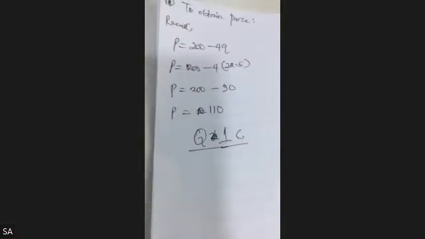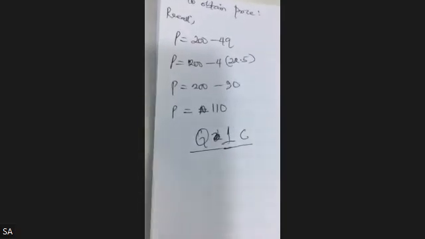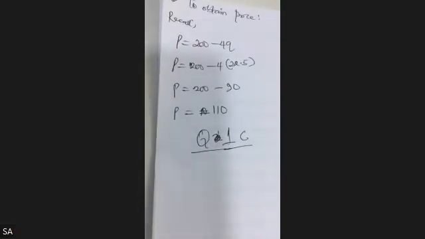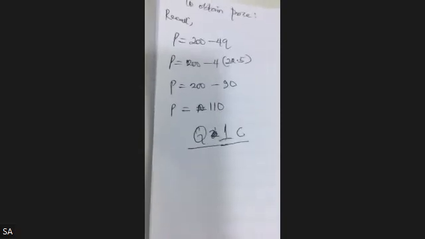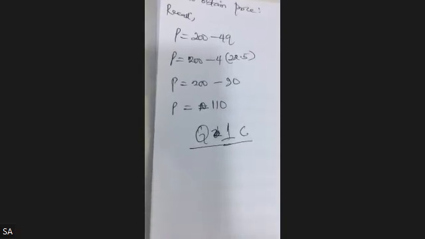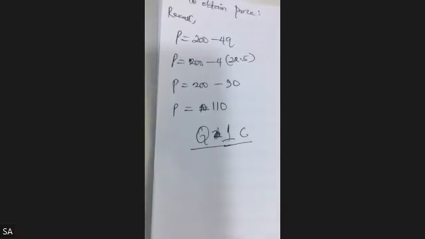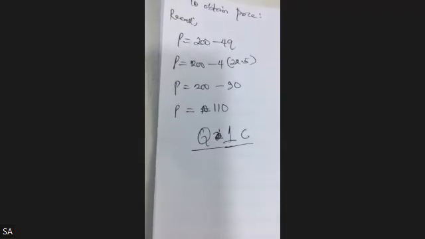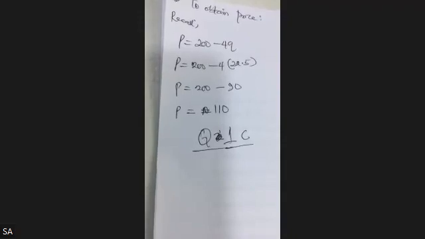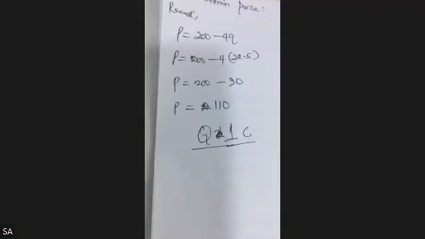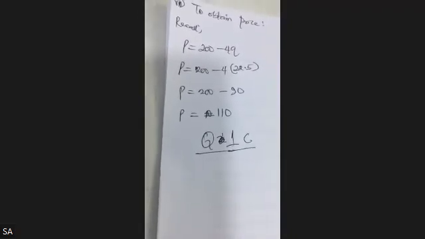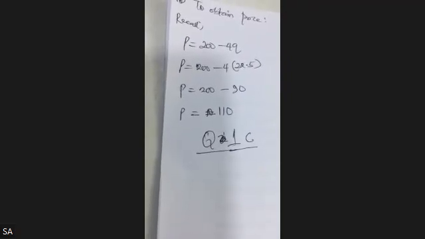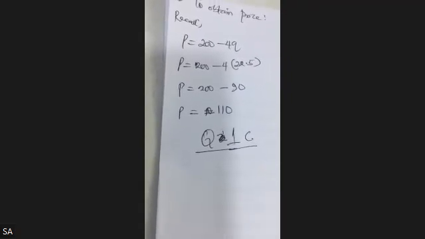Let me quickly finish. I wanted to add a point. If a product is price inelastic, and that product is taxed, both the supplier or manufacturer and the consumer bear the burden, but the consumer bears more than the producer.